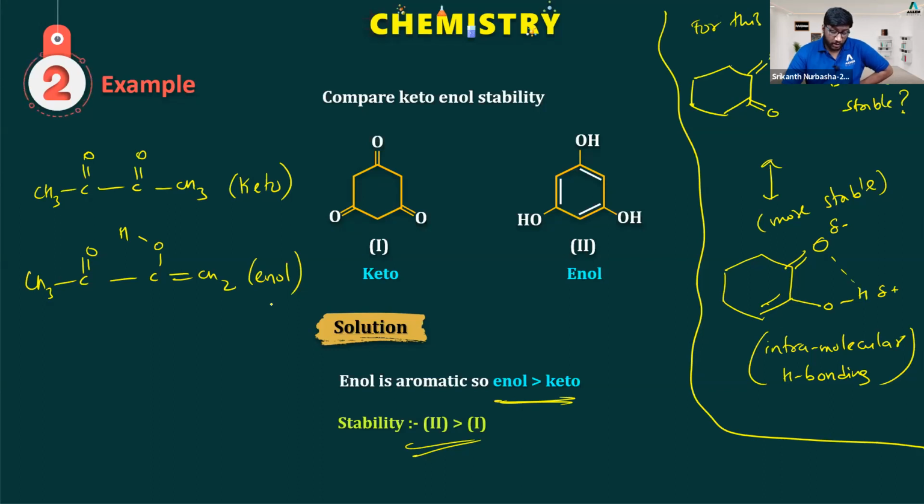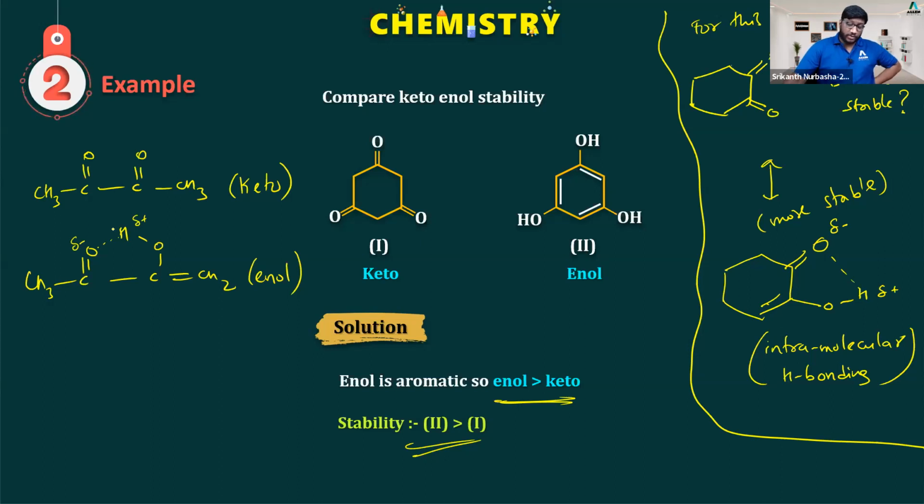CH3, C double bond O, COH, C double bond CH2. Can I say partial negative is there on oxygen, partial positive is there on hydrogen? So can I say intramolecular hydrogen bonding is there or not? Yes. I'm saying enol is not stable now. Keto is more stable. Give the reasons.